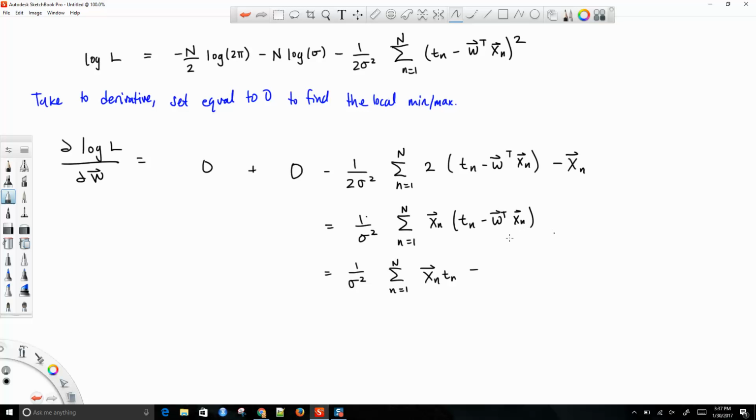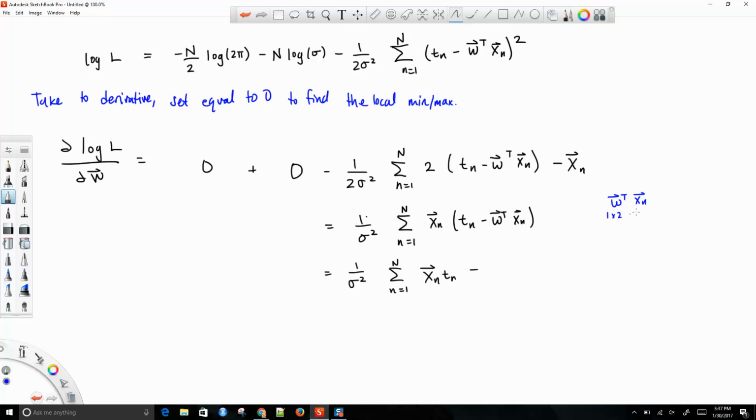If we look at w transpose xn, what are the dimensions of this? w itself is a 2 by 1 vector, so w transpose would be 1 by 2, and then xn is a 2 by 1 vector as well.